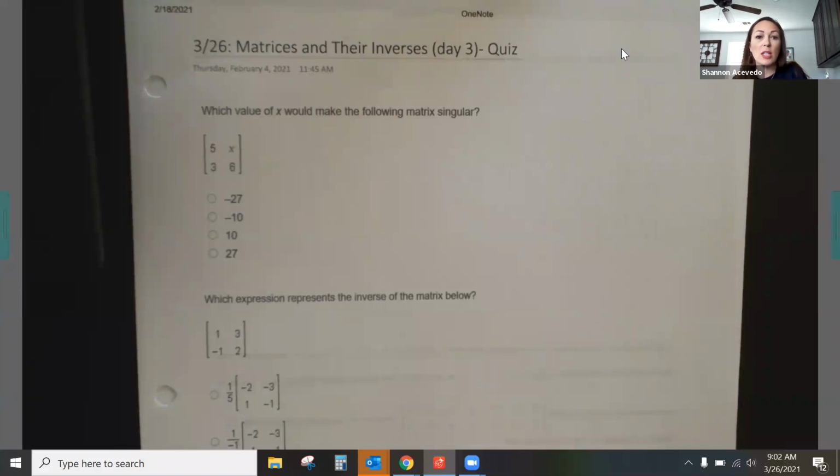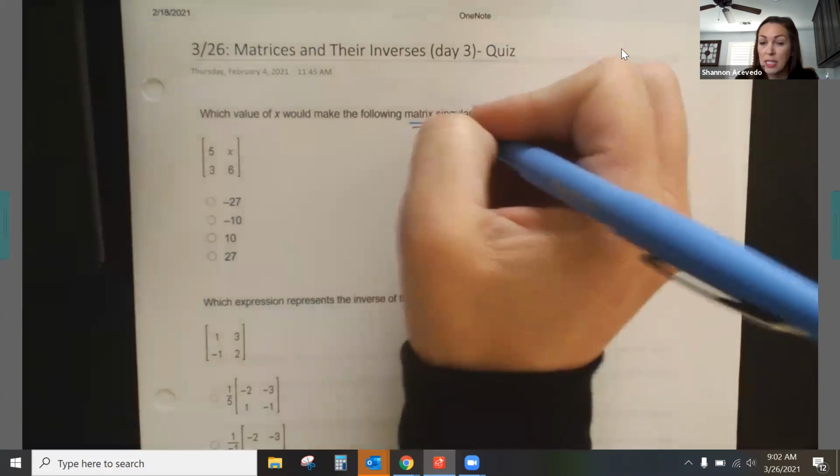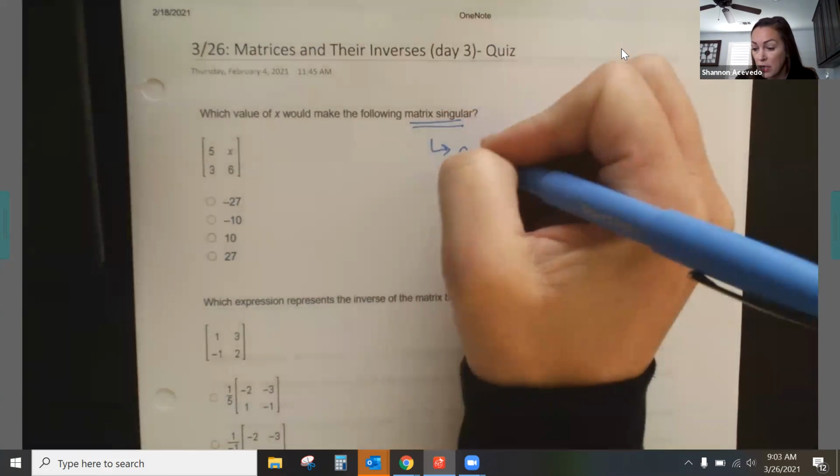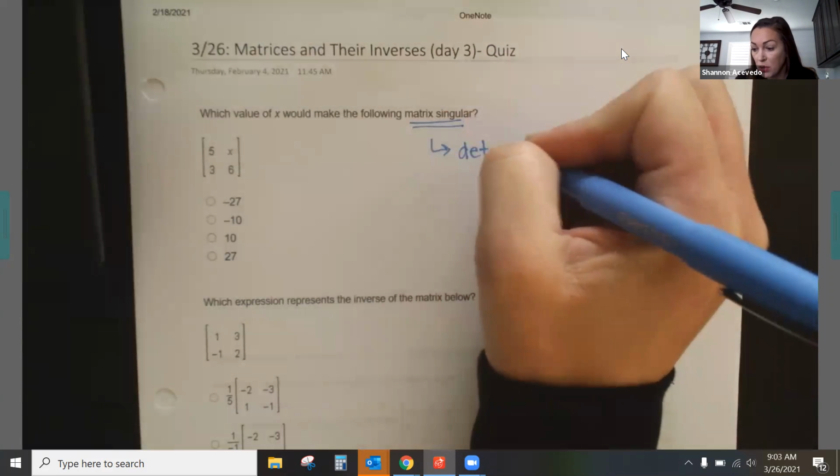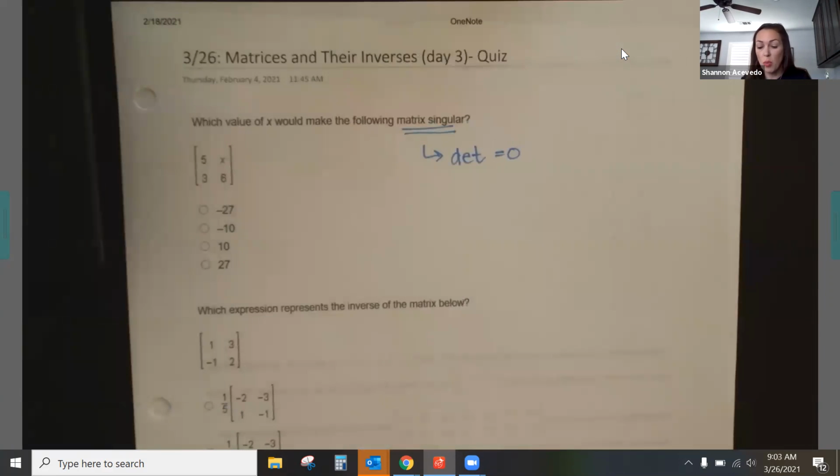First question says, which value of x would make the following matrix singular? Well, what does it mean to be singular? To be singular is that it doesn't have an inverse. And what makes it singular is when the determinant is equal to 0. So in other words, what does x have to be for this determinant to be 0?